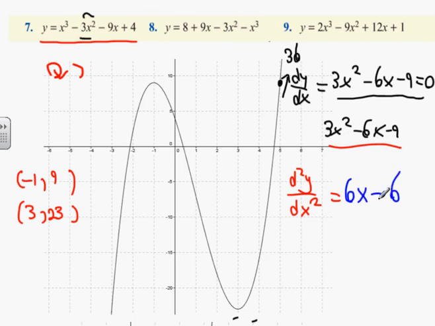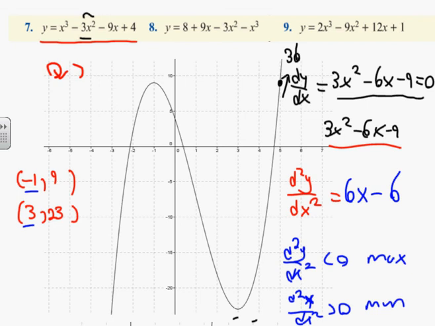Now, what you do with 6x minus 6 is you plug in your two x values. If the second derivative is smaller than 0, it's a maximum. If your second derivative is bigger than 0, it's a minimum. That's the learning off part. It actually makes no sense and is fairly random, but it works every time.